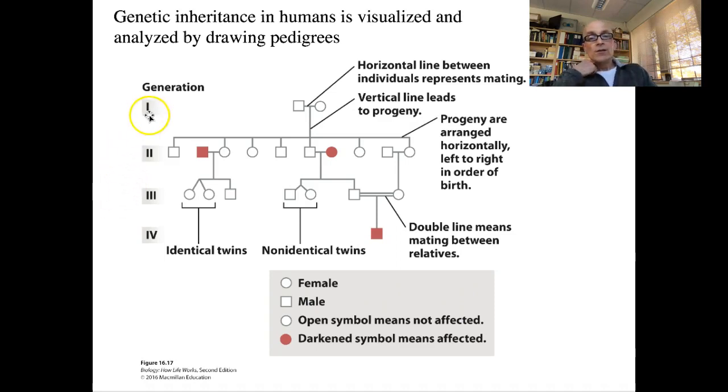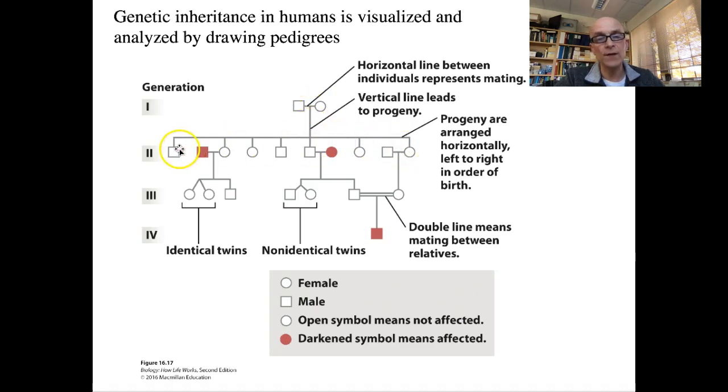So just some conventions here. When you draw such a genetic human pedigree or animal pedigree, you usually use a square for male and a circle for female. And if there's a mating, a couple that has children, you connect them with a horizontal line, and then they have their offspring.